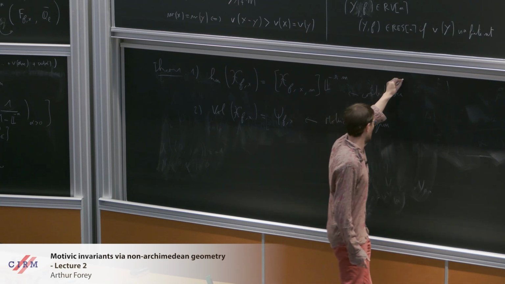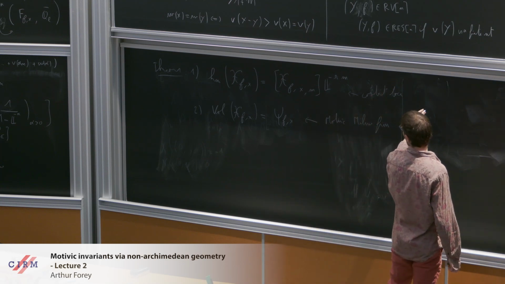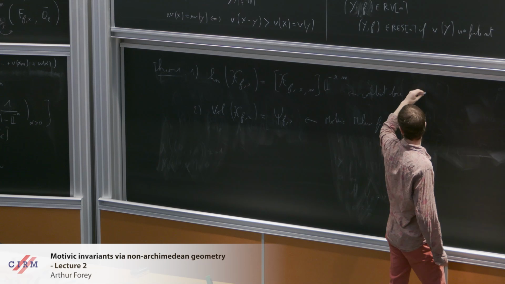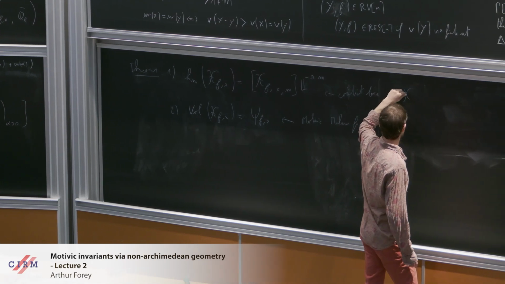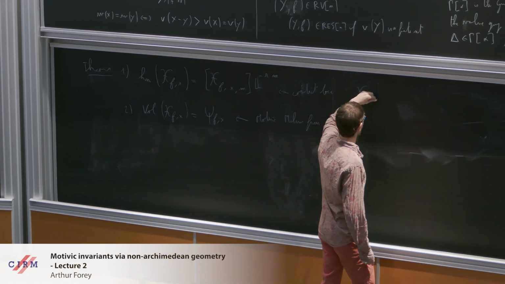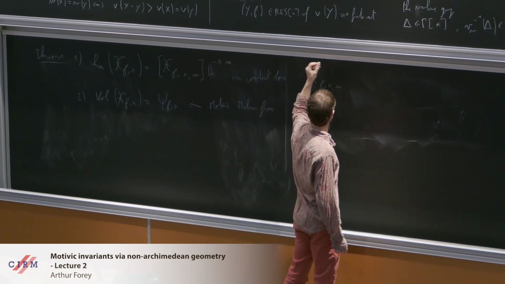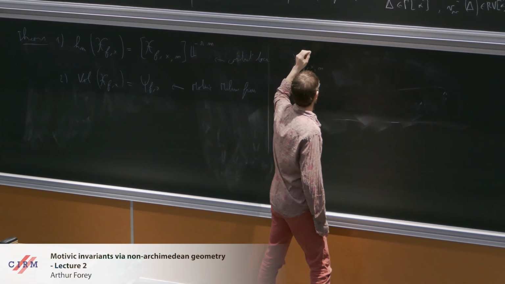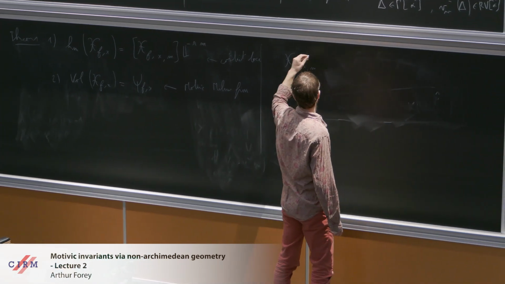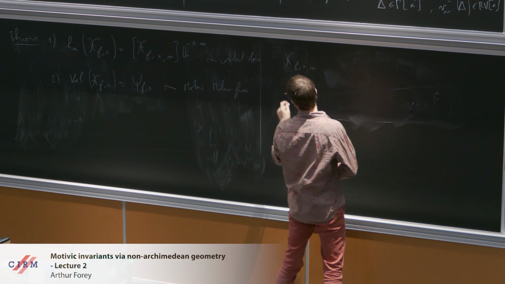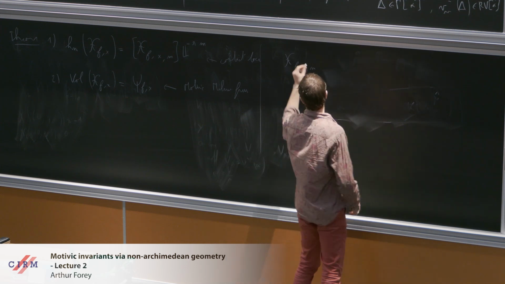So how are they defined? So this X_{f,x,m}: the way you define them is as a subset of some truncated arcs.